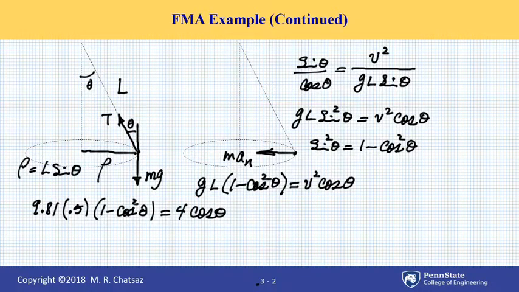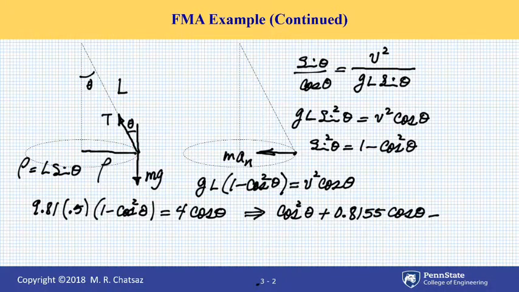If I simplify this equation and throw everything to the left hand side, I will have the following: cosine squared theta plus 0.8155 cosine theta minus 1 equal to 0. So this is a quadratic equation in cosine theta.